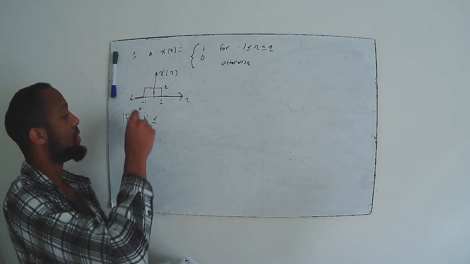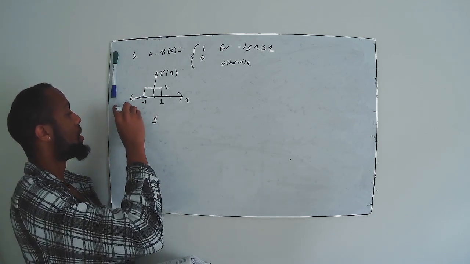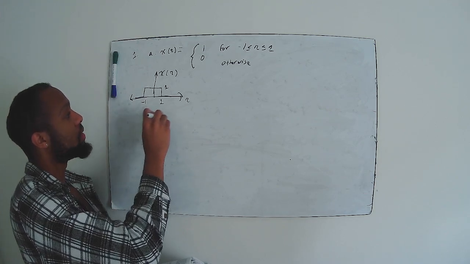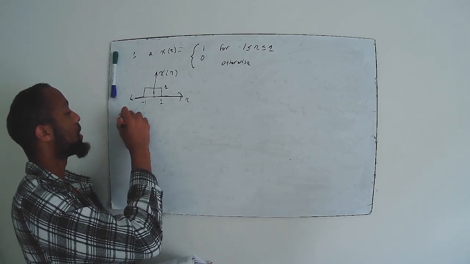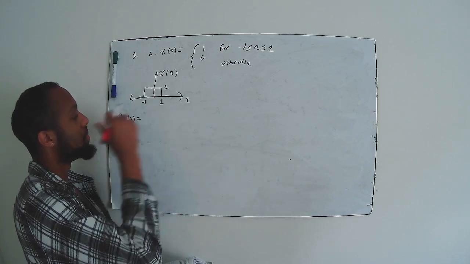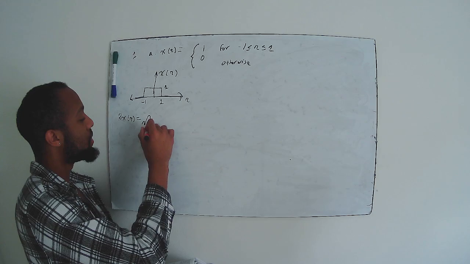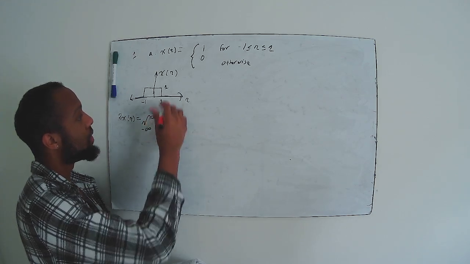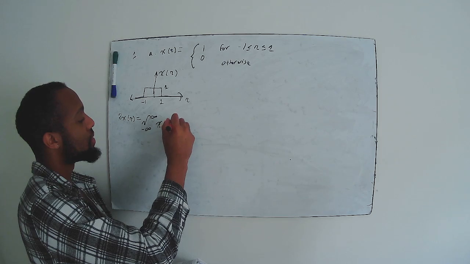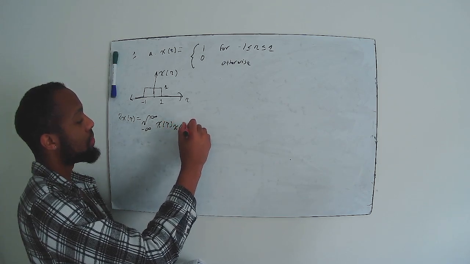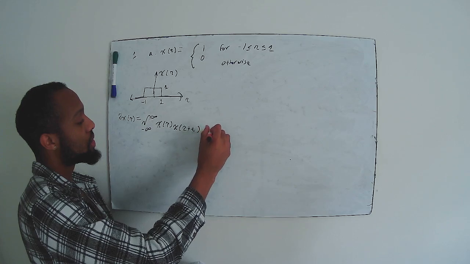So now we need to compute Rx of tau. So for this one, Rx of tau will be equal to the integral from minus infinity to infinity of x of tau times x of tau plus t d tau.